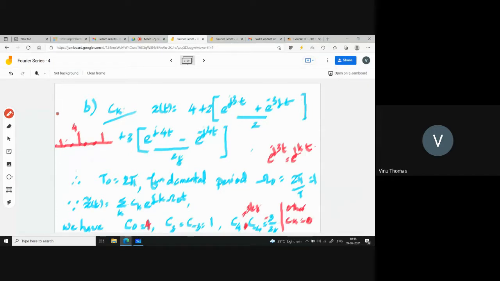So if I'm going to plot modulus of Ck, this would be 3 by 2. So 4, this is 3 by 2, this is 4. 0, 1, 2, 3, 4. This is minus 1, minus 2, minus 3, and this would be minus 4.